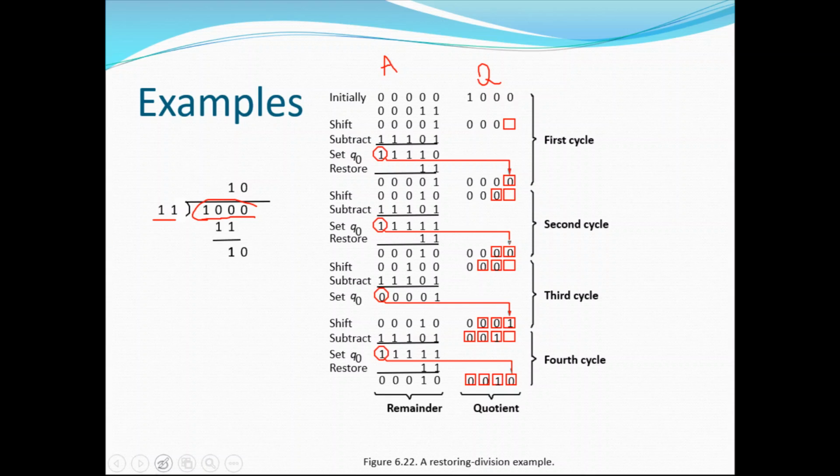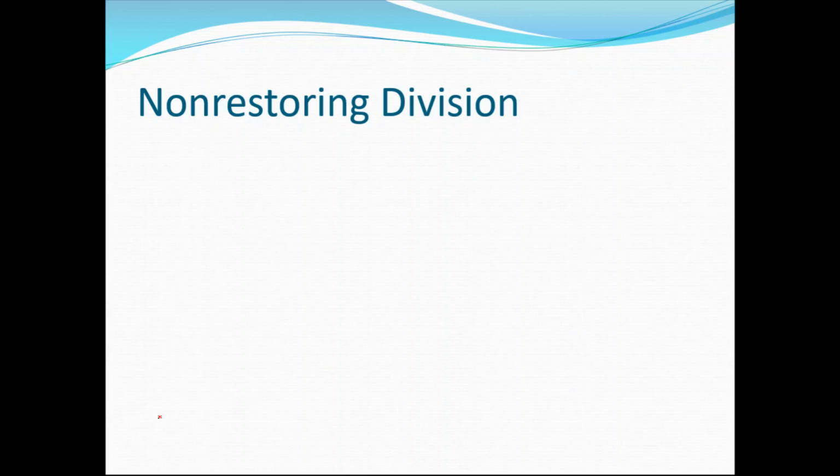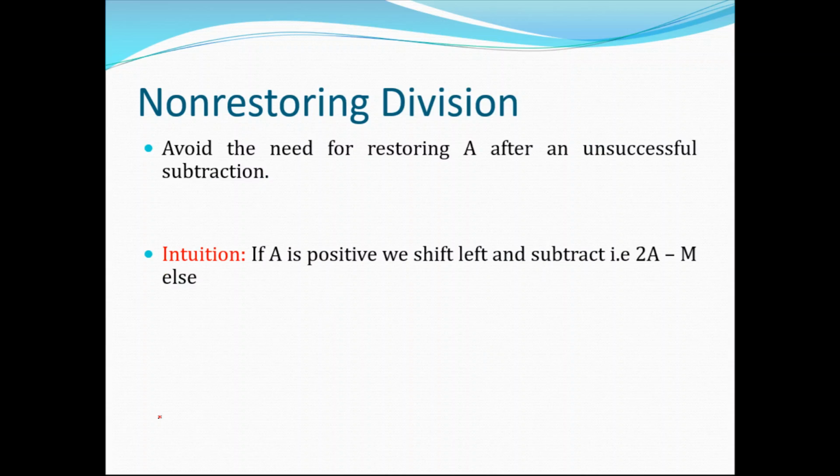Fine. So here if you see, the number of steps is quite a lot. Is there any way to reduce the steps? Yes, there is something we can do. Whenever there is a negative number, we are restoring. Whenever after shifting and subtracting m the result is negative, then we are restoring a by adding m to a.